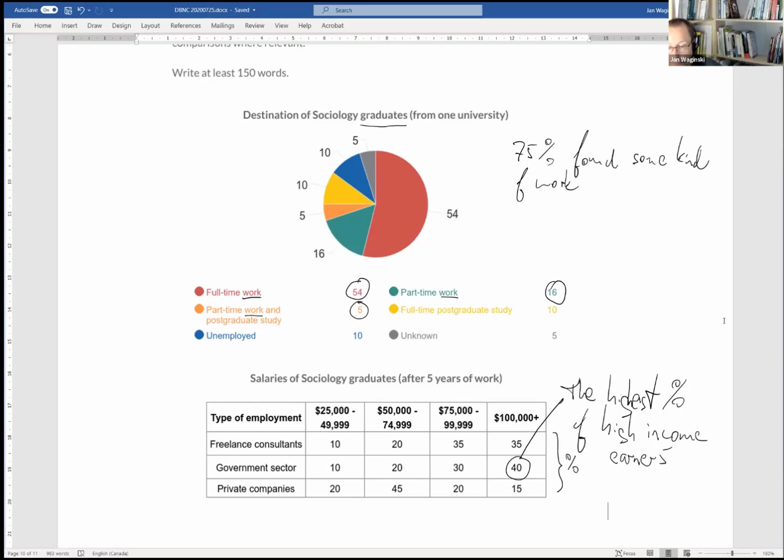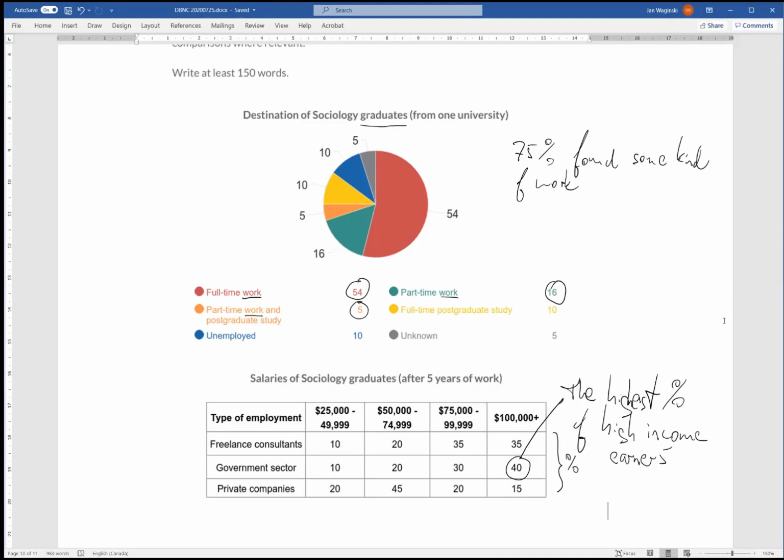I would say those who found work in the government sector, that category had the highest percentage of high income earners. Yes, but I would just call it high income earners in the general overview.